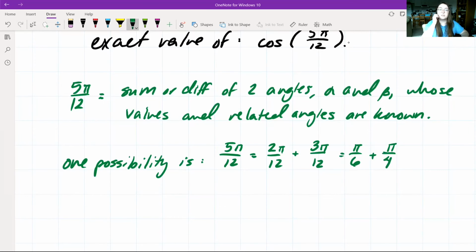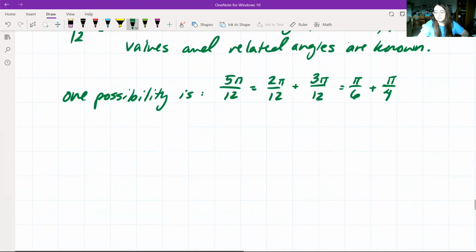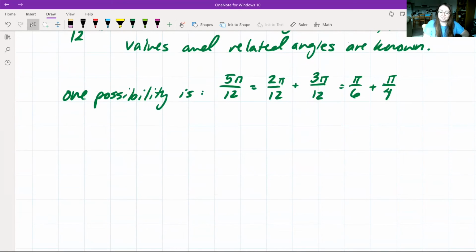So two values that are found on the unit circle. And that's the key there. If you split up your current angle into two angles that maybe aren't on the unit circle, it's just going to be that much harder to solve the problem since you can't easily refer to the unit circle. So that being said, we're going to use pi over 6 plus pi over 4.